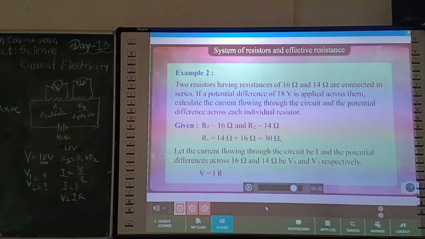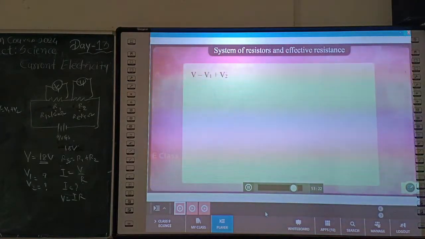V is equal to V1 plus V2, which is equal to 18 volts. I is equal to V upon R, which is equal to 18 volt upon 30 ohm. Therefore, I is equal to 0.6 ampere.